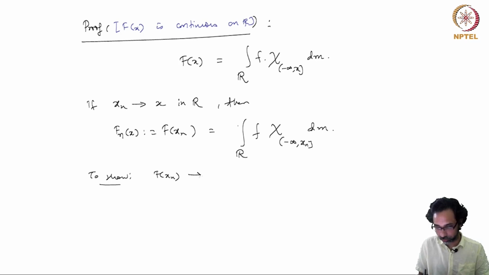F(x_n) converges to F of x, and this is not very difficult because we can use the dominated convergence theorem.